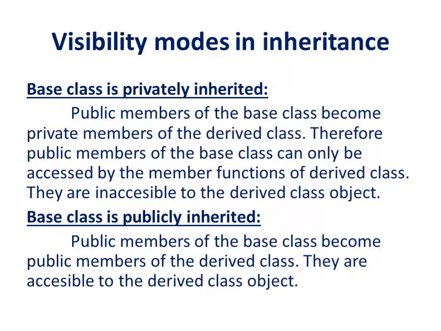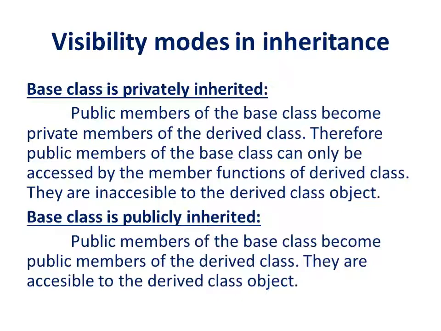And if the base class is publicly inherited, that is, the visibility mode specified for the derived class is public, then the public members of the base class become public members of the derived class. So the base class properties can be accessed through the derived class object. This is the difference between private inheritance and public inheritance.